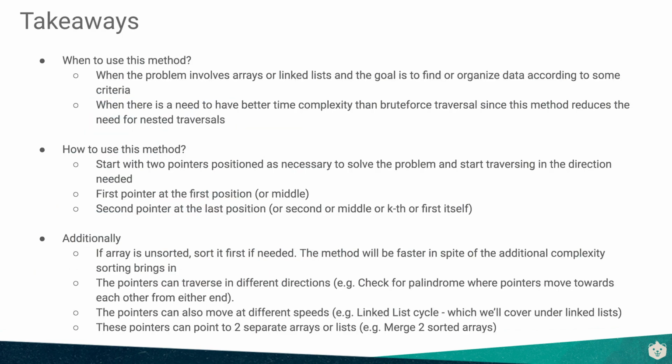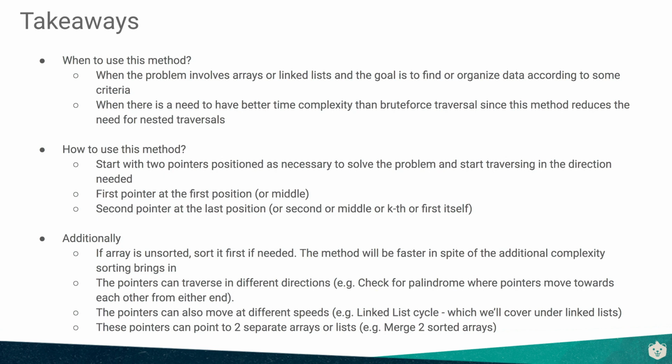So what are the takeaways for the two pointer pattern? When do you use this method? You basically use this method when the problem involves an array or linked list traversal, and the goal is to find a particular element or find a set of elements, or to organize the data of the array in a particular pattern to meet the criteria of the problem.